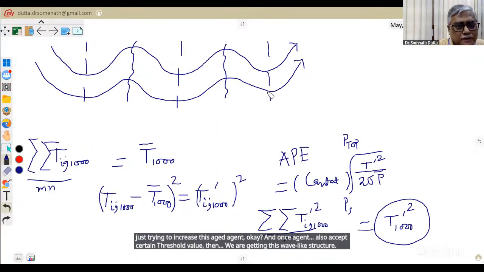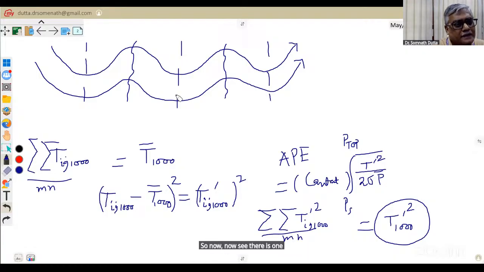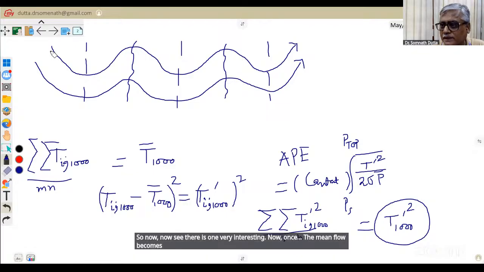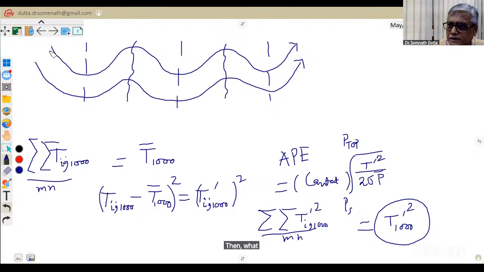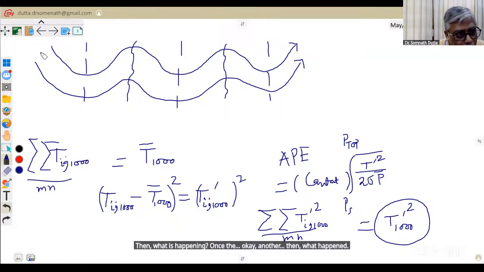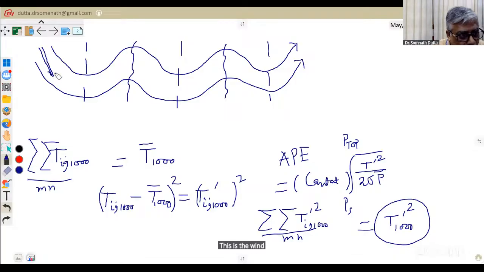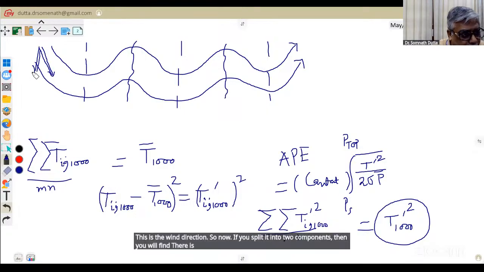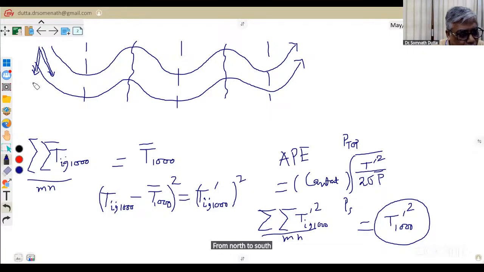So now see, that is one very interesting thing. Now, once the mean flow becomes unstable, then what is happening? Look at here. Here, actually, this is the wind direction. Am I correct? This is the wind direction. So now, if you split it into two components, then you will find there is one component from north to south.